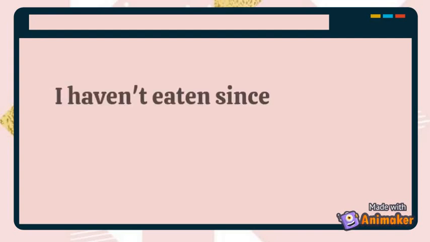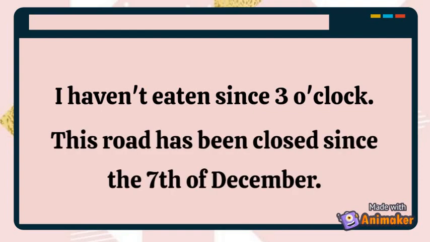I haven't eaten since 3 o'clock. So 3 o'clock is a starting point. We can also say this road has been closed since the 7th of December. Here there is also a starting point, that is the 7th of December.